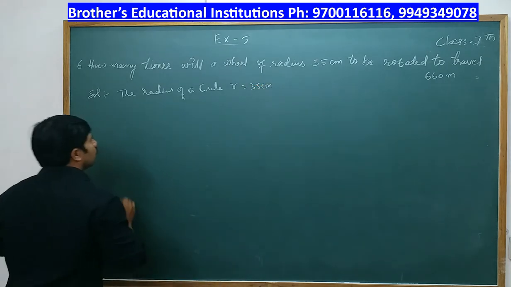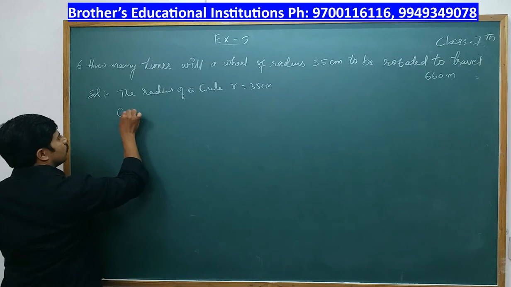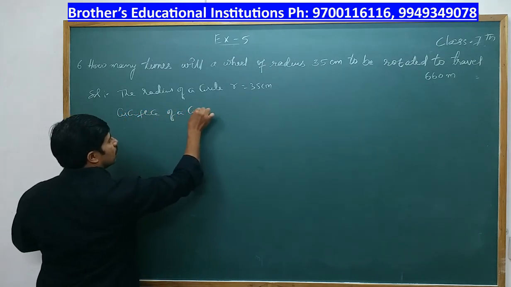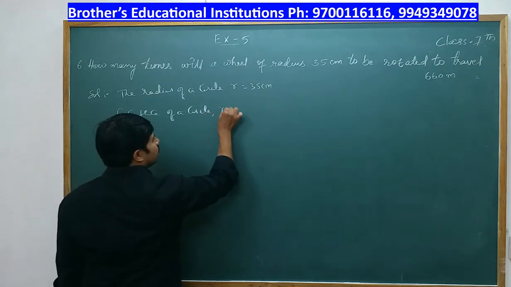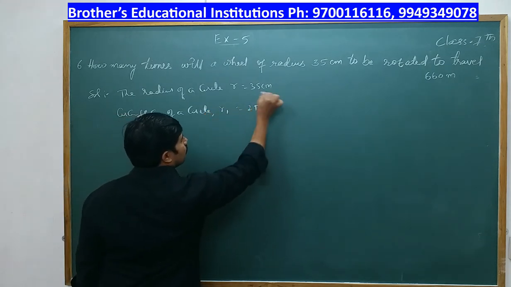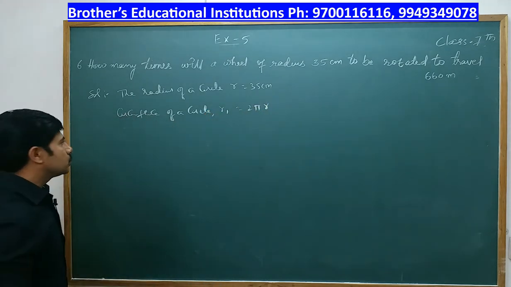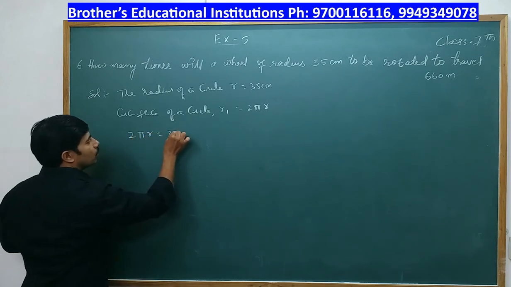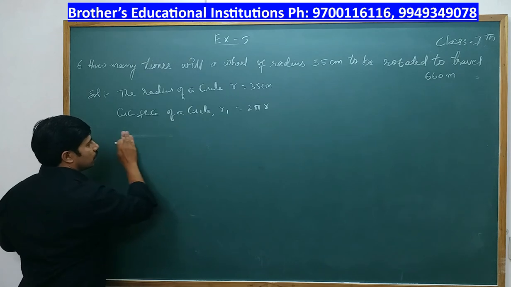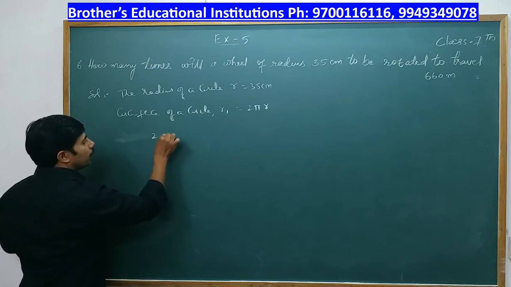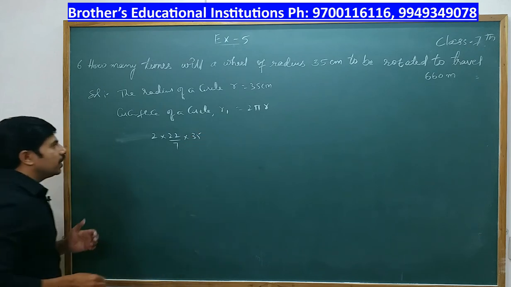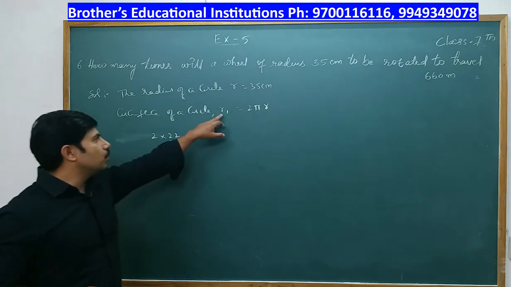Now, the circumference of a circle when the radius is r is nothing but 2 pi r. So now 2 pi r is equal to, I'll substitute, 2 into 22 by 7 into 35.